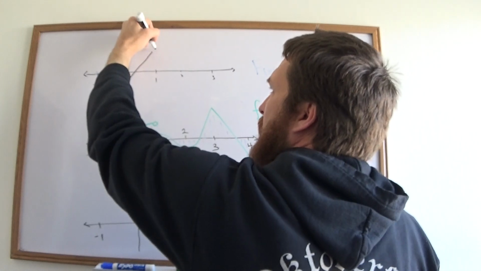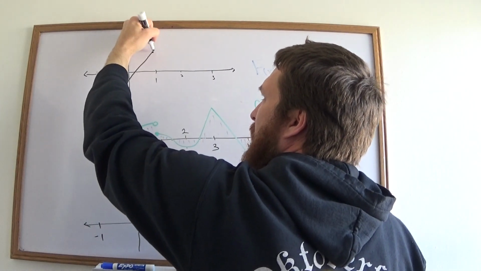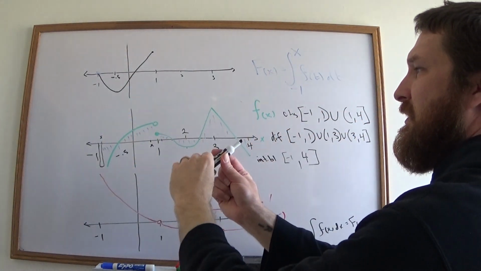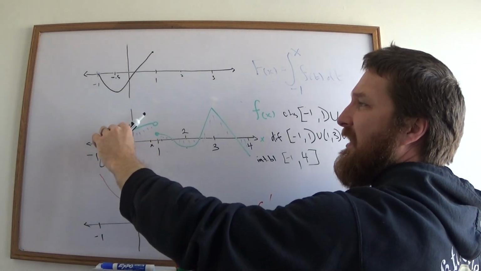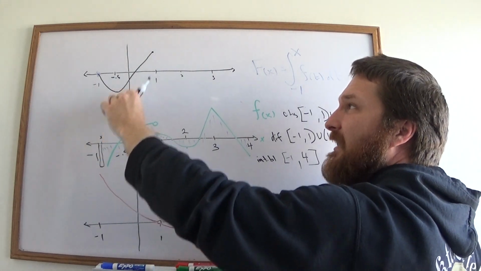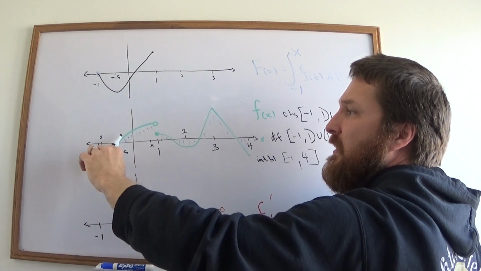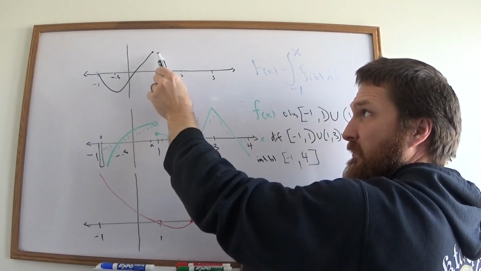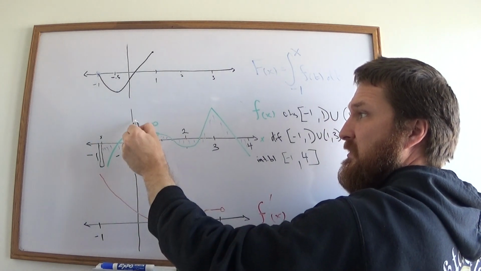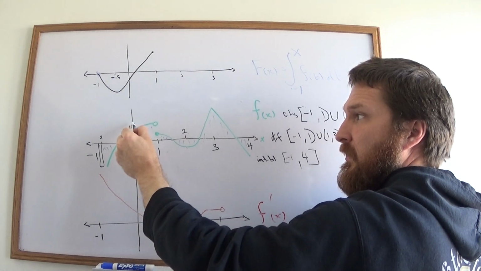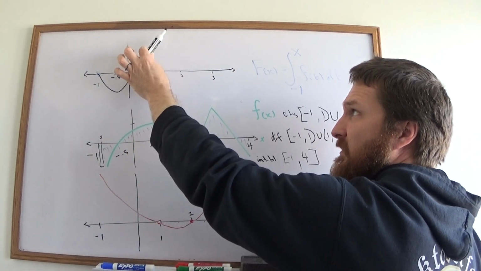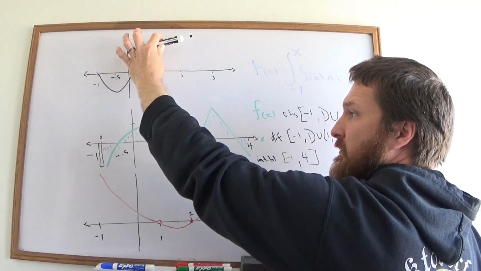So it's just going to jump. There's going to be a corner, but it's still going to be positive. So this is the derivative of this. The slope is some positive number.